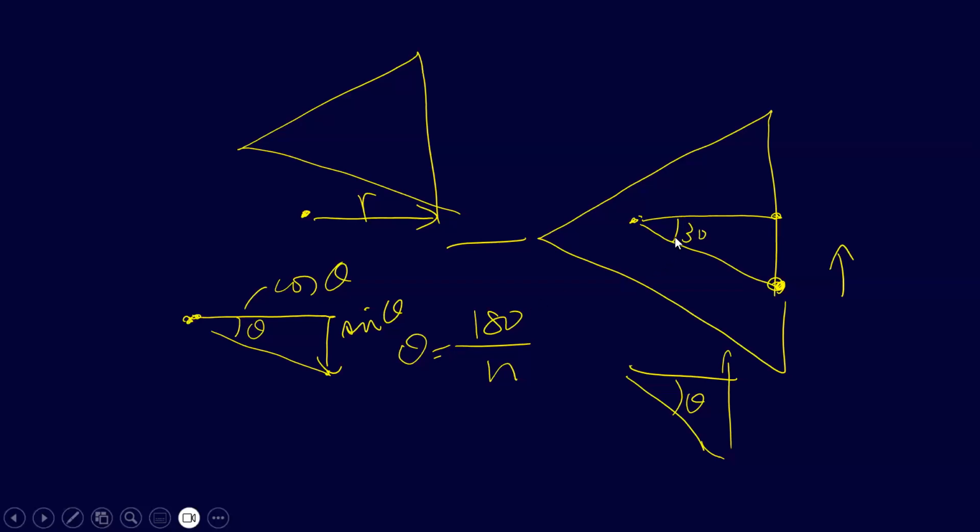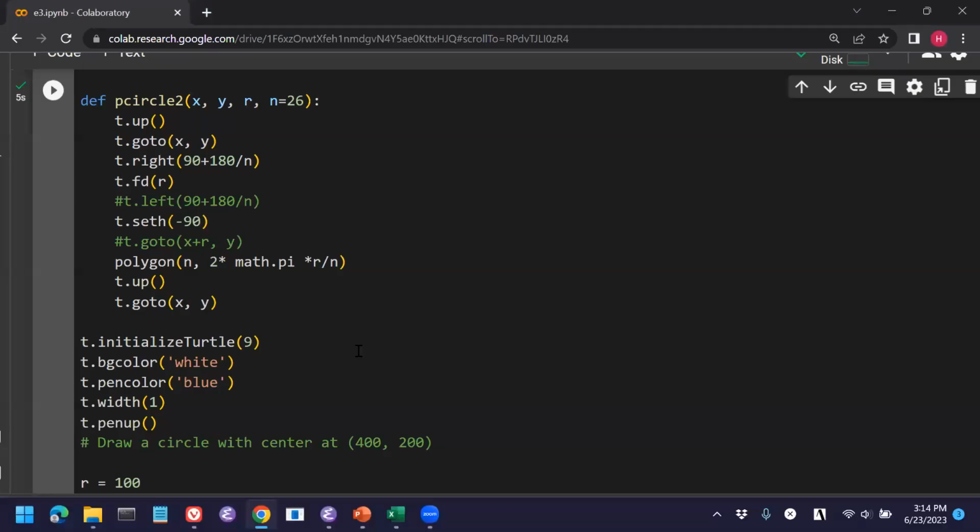Instead of going angle theta and going right r, we can go r cosine theta to east and going south by r sine theta. If you're interested, you can program that and check.